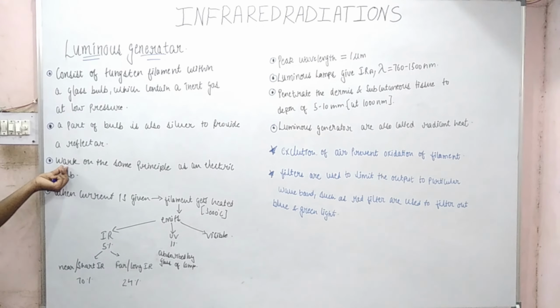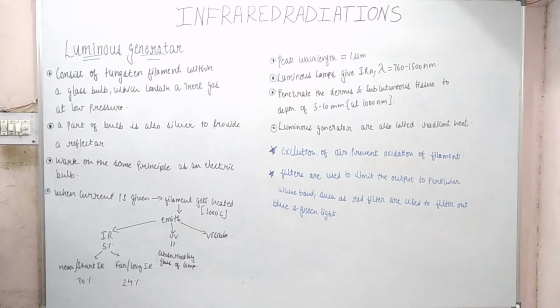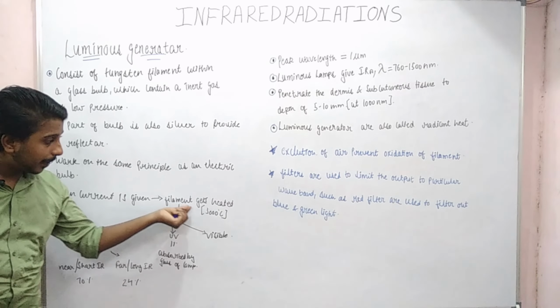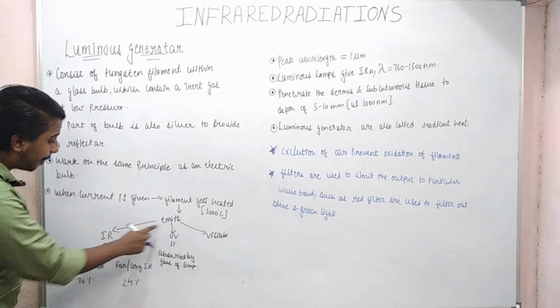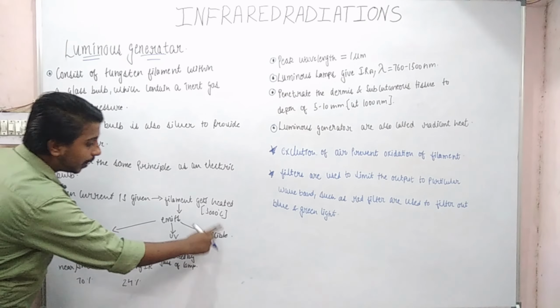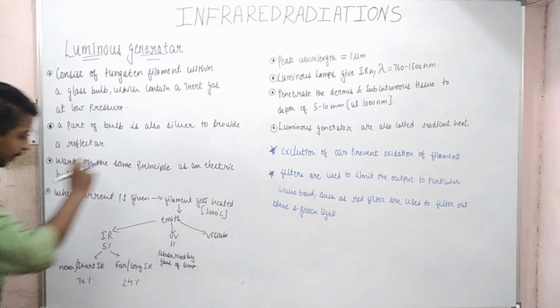It works on the same principle as the electric bulb. What is the principle? Whenever current is given to this whole apparatus, the filament gets heated up to 3000 degrees Celsius, which emits IR, UV and visible rays.